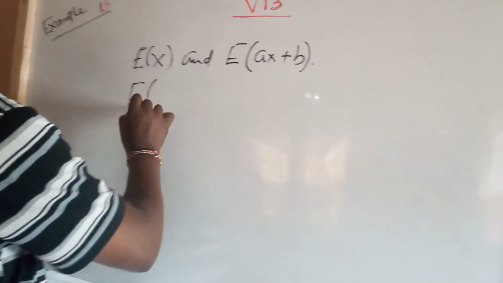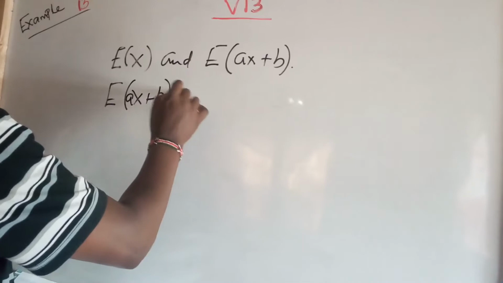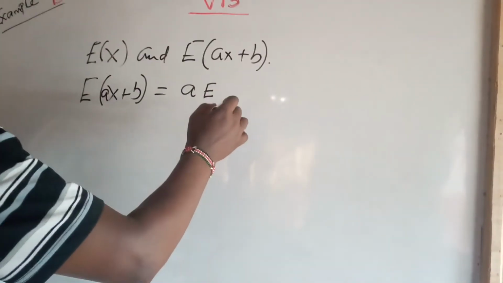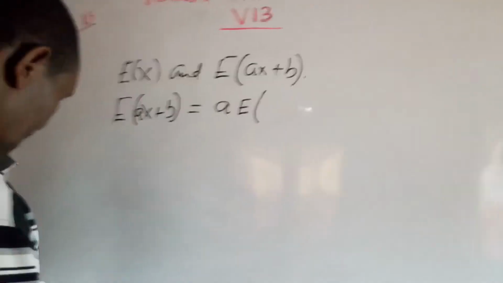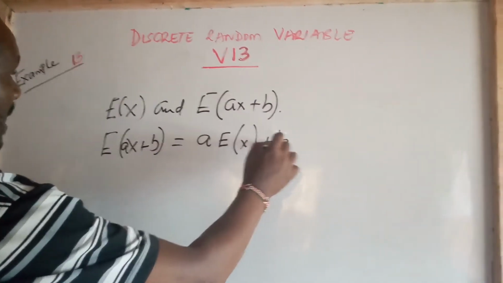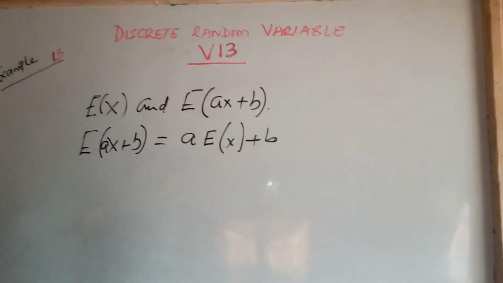Now, the expected value of ax plus b is given by a multiplied by the expected value of x, plus b. That one we are coming to explain.